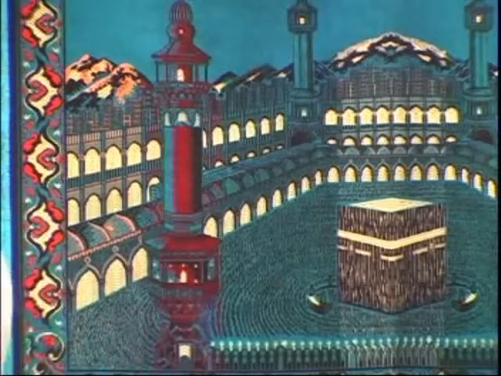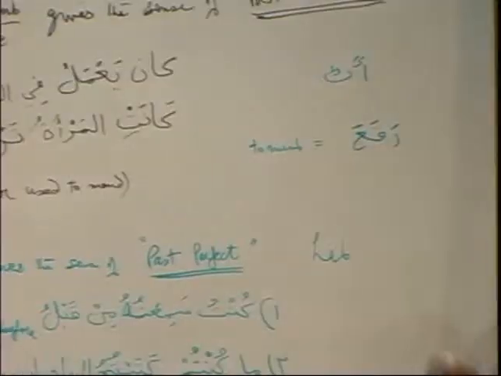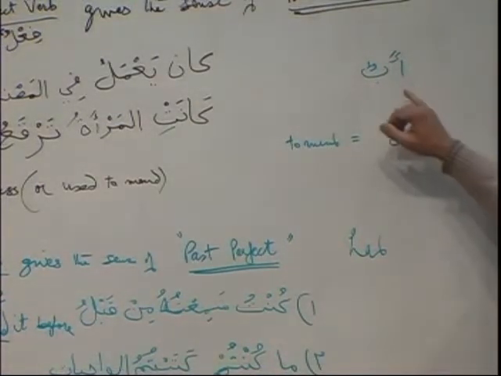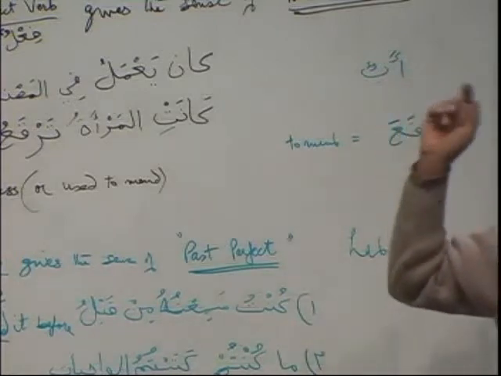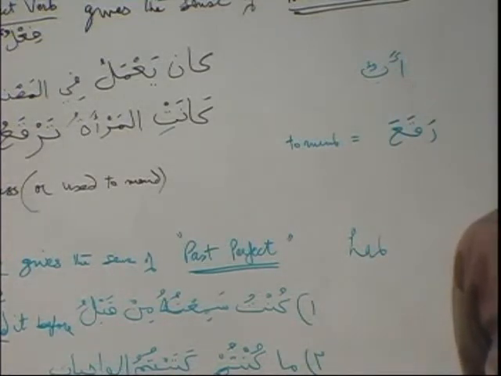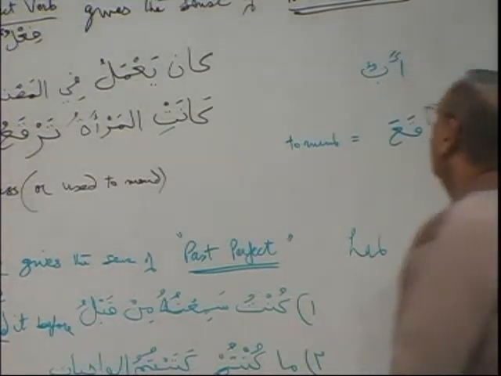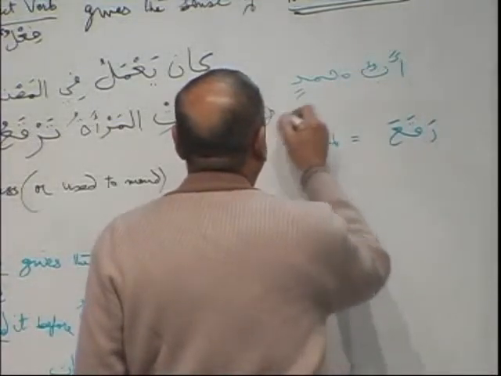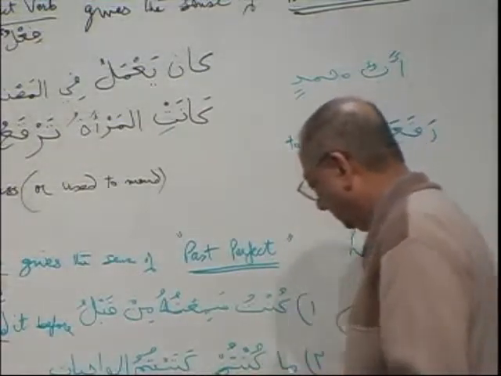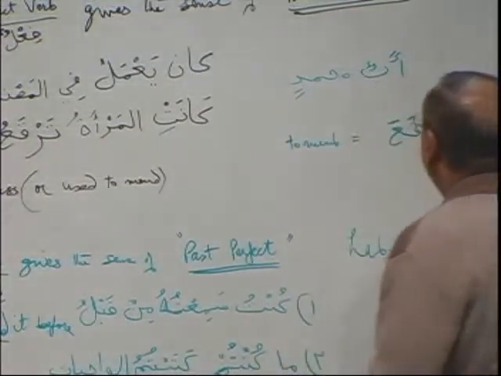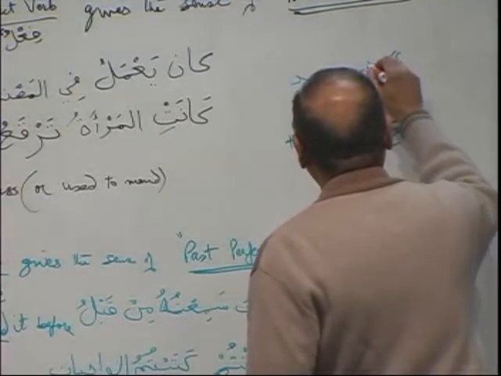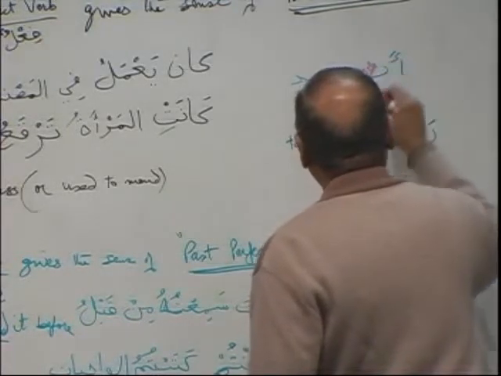But what is so special about Abun? Make it definite, Al-Abu. But when this becomes mudaf, how do I say Abu Muhammadin? Then I have to give it a waw, with single dhamma.